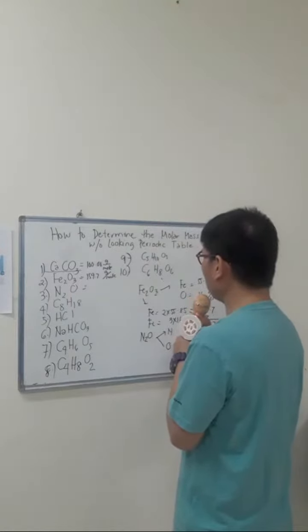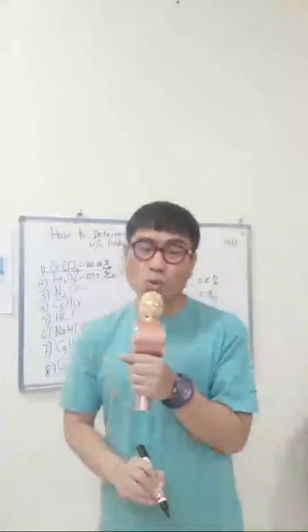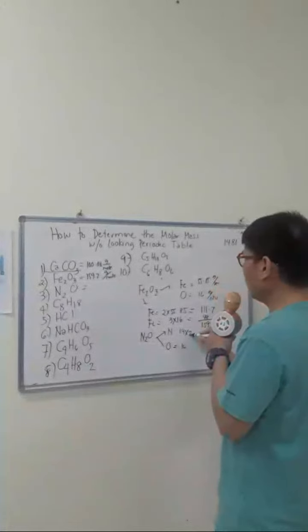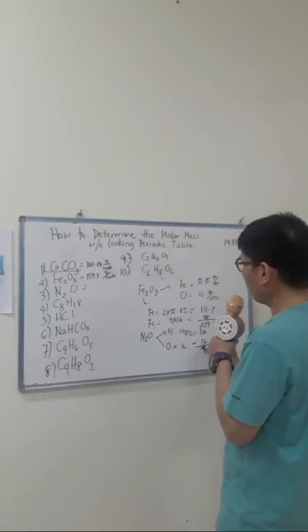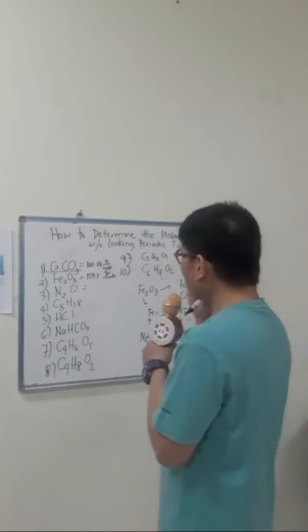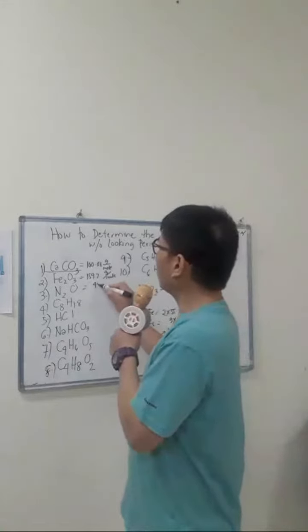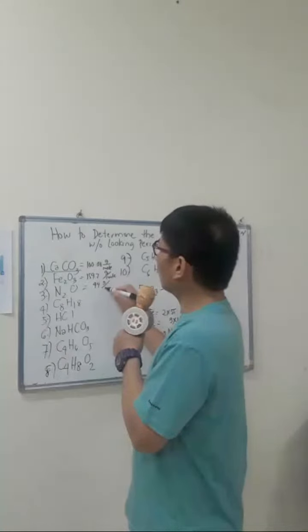Again, oxygen is 16, nitrogen is 14. The subscript of nitrogen is 2, so 2 times 14 is 28, plus 16 is 44. So 44 grams per mole.